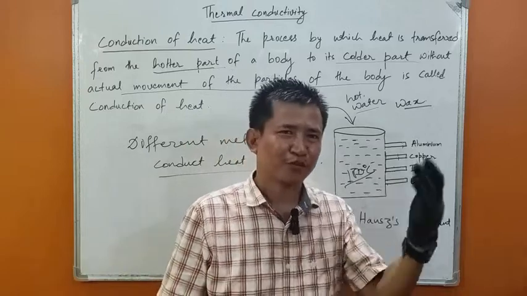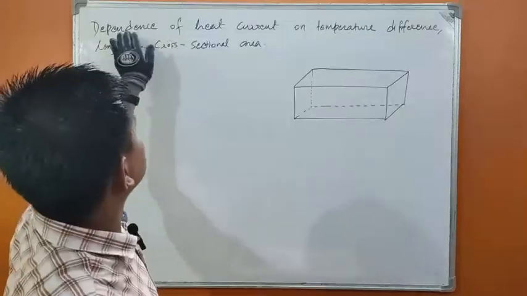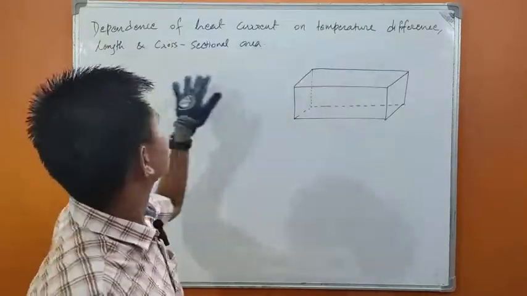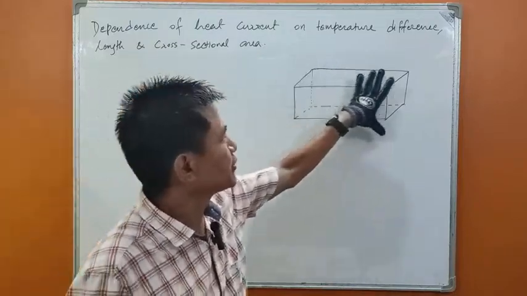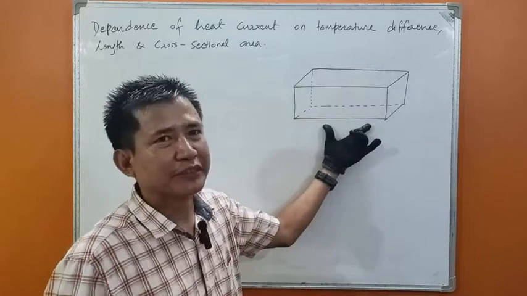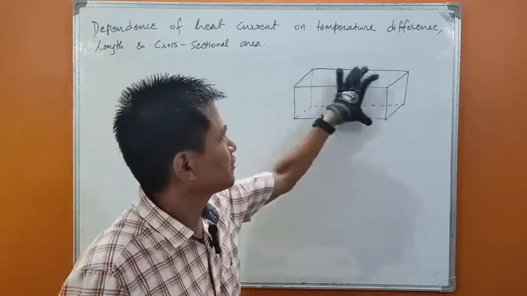Now let's move on to the next topic, and that is dependence of heat current on temperature difference, length and cross-sectional area. I have already drawn a conducting block.